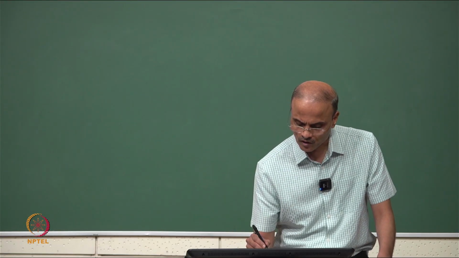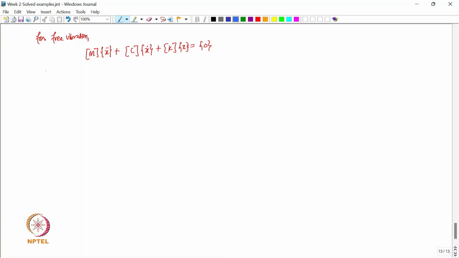Now, let us consider modal transformation, which means that let us write x as phi y, mass normalized eigenvectors and the modal responses, right. So, x are the physical coordinates or degrees of freedom and y are the modal coordinates.